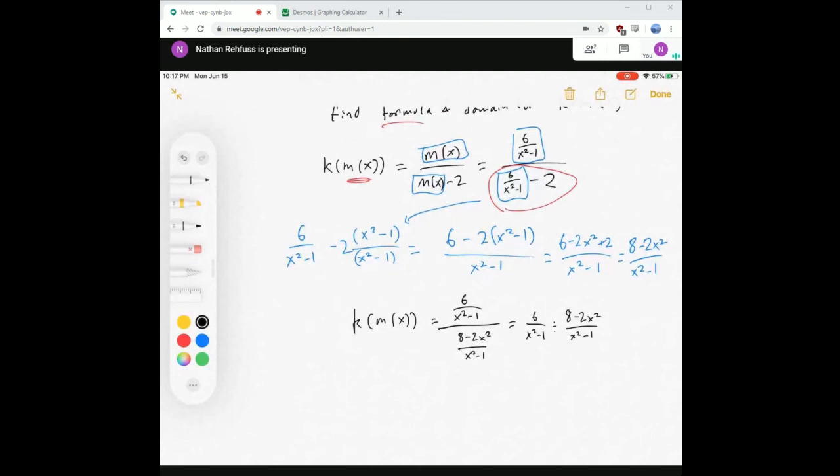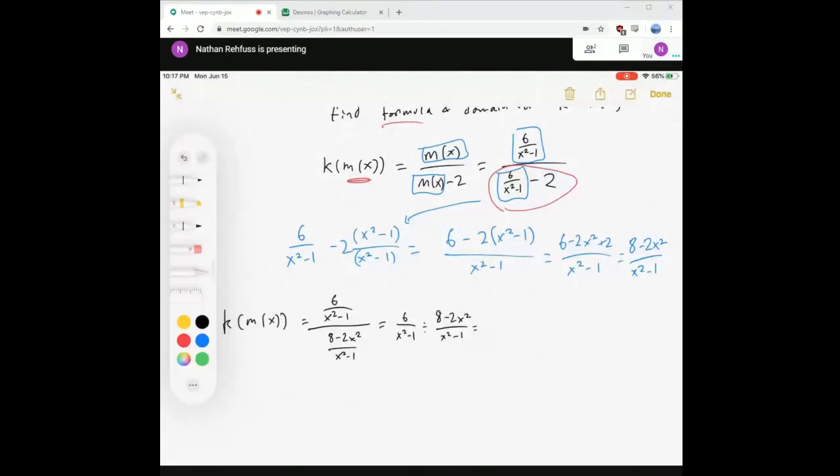But we know a strategy for doing that is keep, change, flip. So this is really the same as first one we keep.